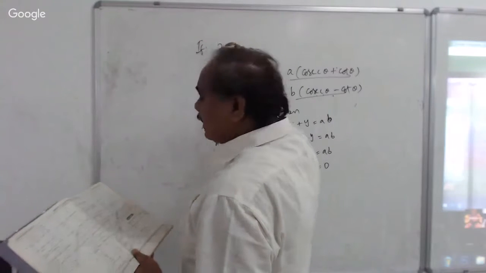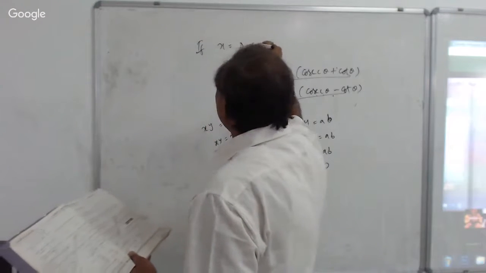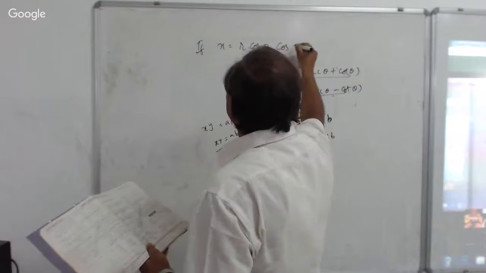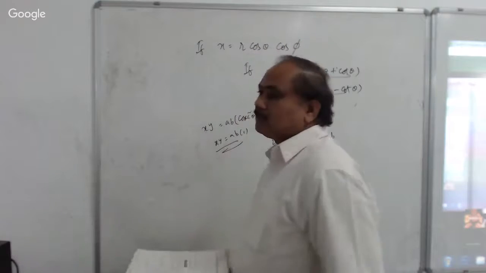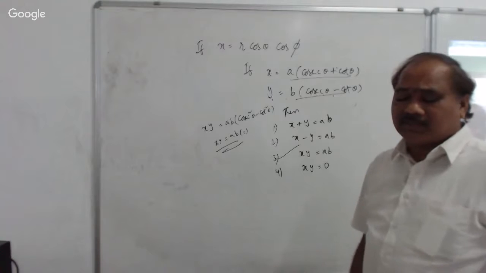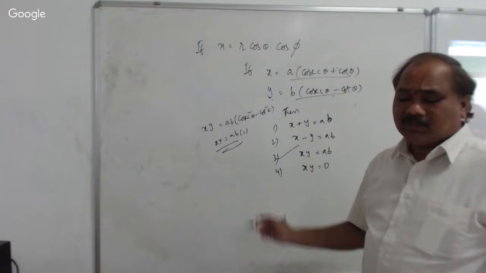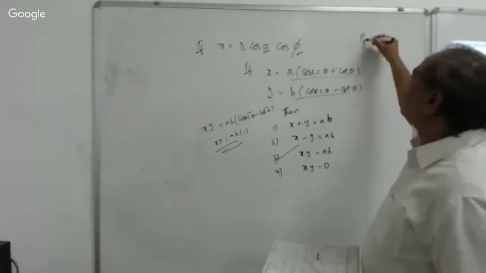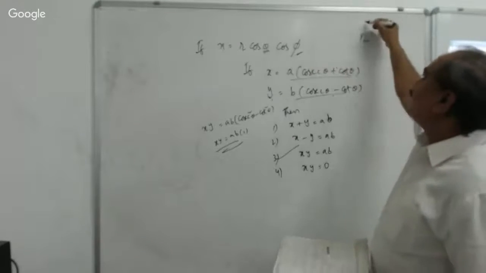If x equal to r cos theta into cos phi. That is also another angle, that's why we represent it by some other symbol. It is called theta. It is called phi.